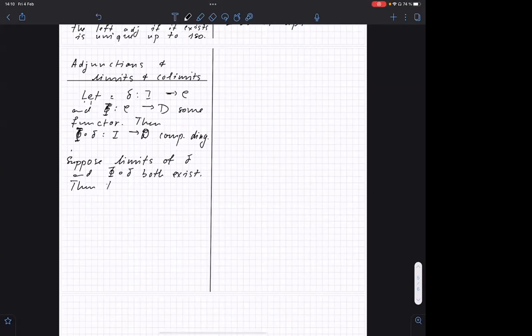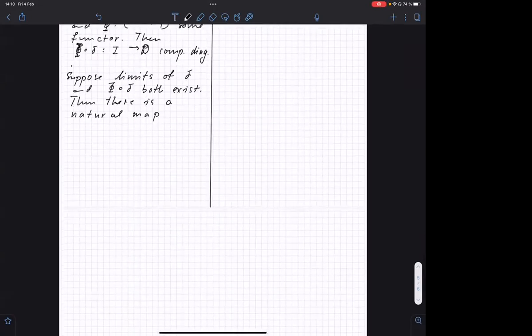So then, because I know how to map into limits, there's a natural map of the following form. So I could take the limit over the composite diagram.